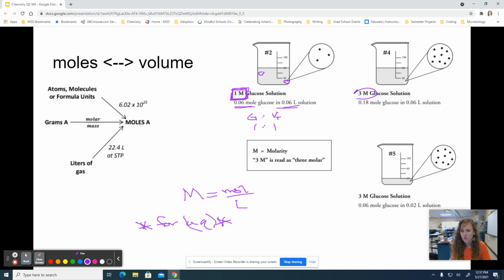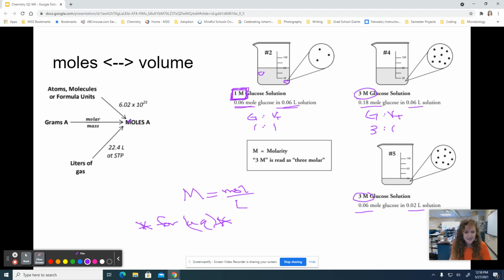What's the ratio for this solution, for solution number 4? Glucose to total volume, it's going to be a 3 to 1 ratio. And so that also explains why it stays consistent. 0.18 to 0.06 is a 3 to 1 ratio. 0.06 to 0.02 is a 3 to 1 ratio, right? Molarity is just a ratio that communicates concentration.